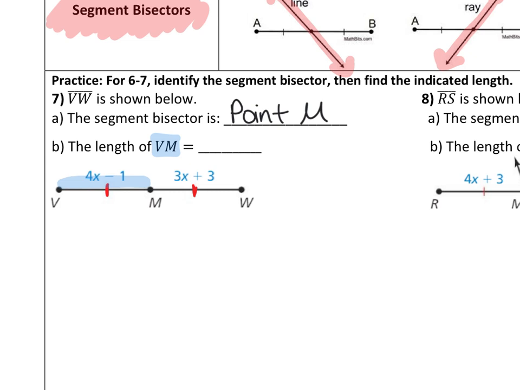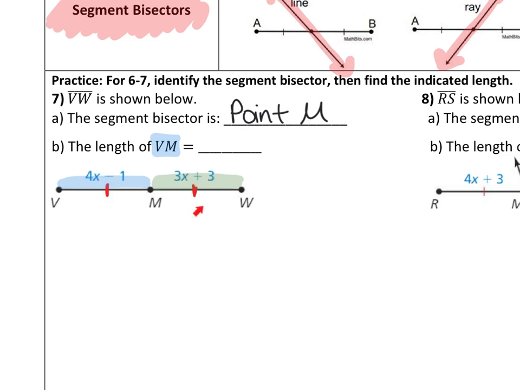Some math, an expression. So if we think back to our segment addition postulate that we learned about last time, what do we know about those two things, the blue and the green? We will put it in a formula. Very good. So this is going to be like the ones we did last time.